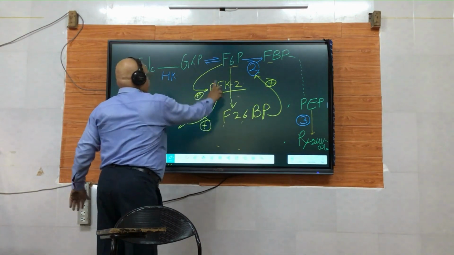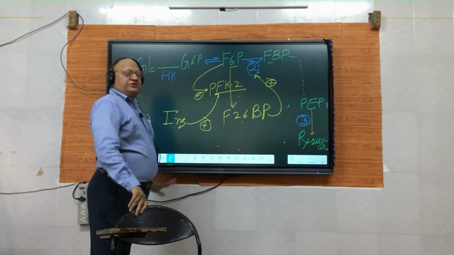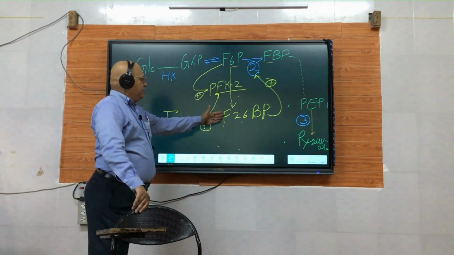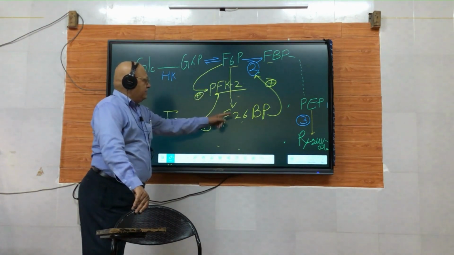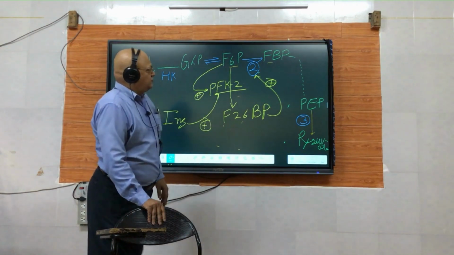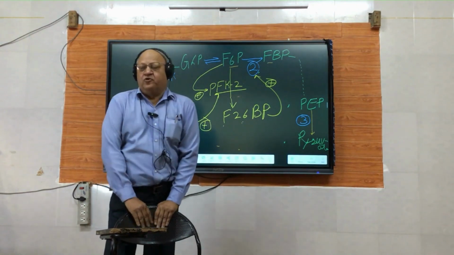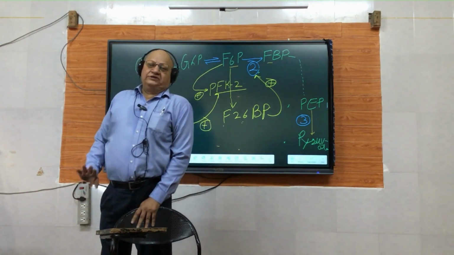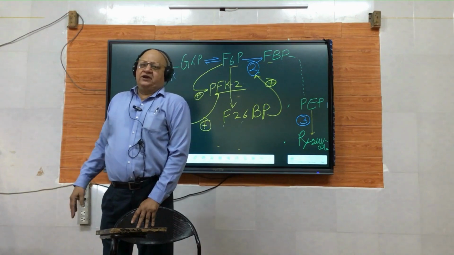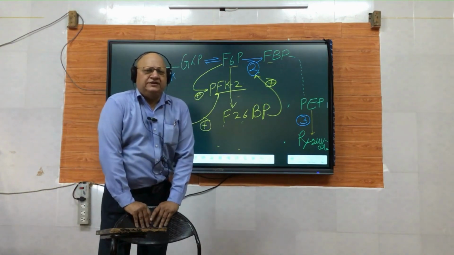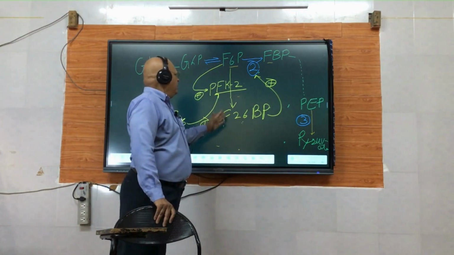So insulin होगी, PFK2 की activity बढ़ जाएगी. There will be raised level of fructose 2,6 bisphosphate, which will stimulate PFK1, and therefore the rate of glycolysis will be enhanced.